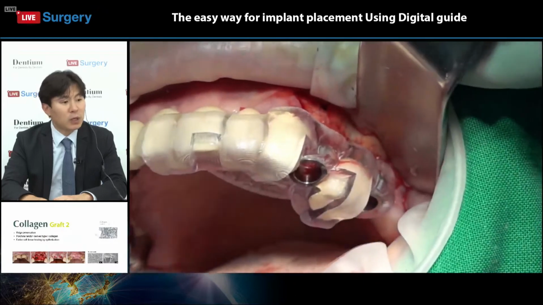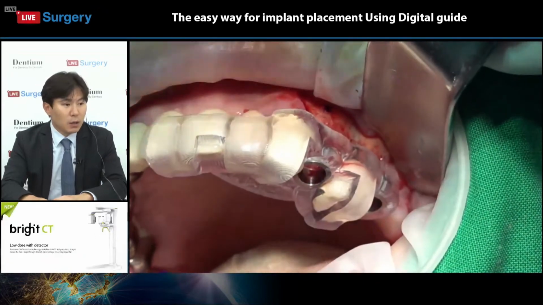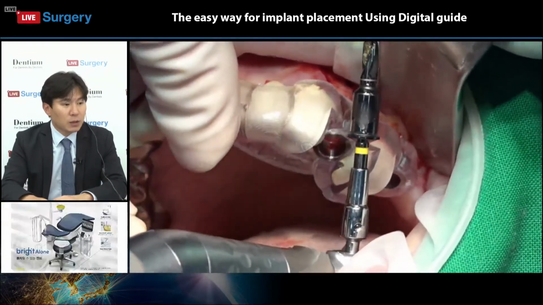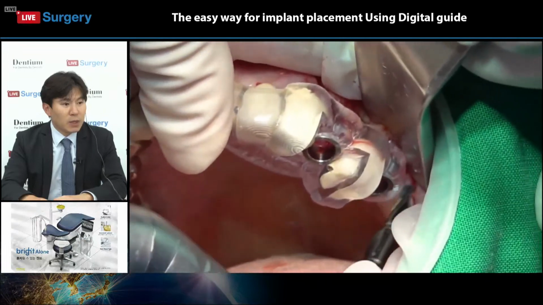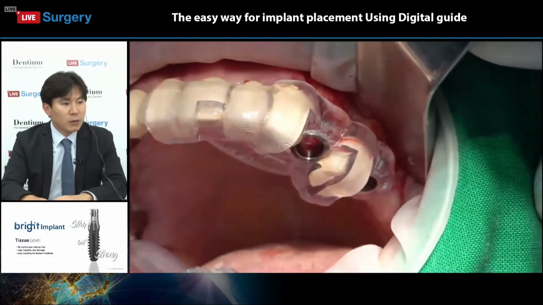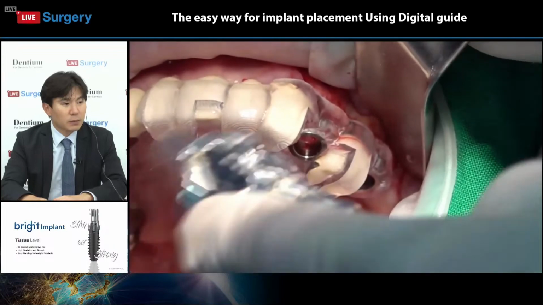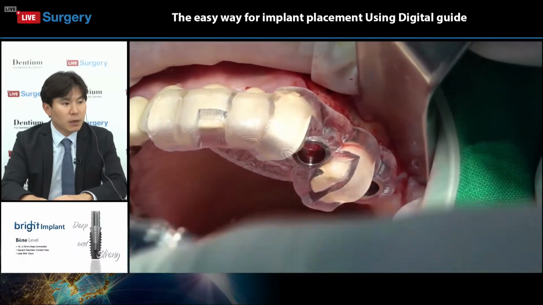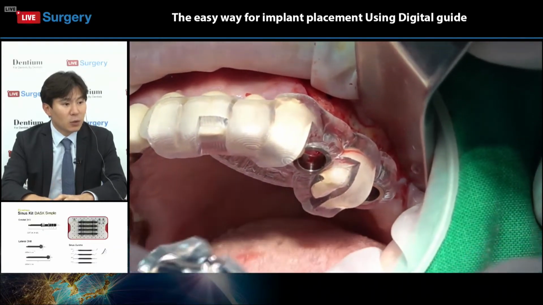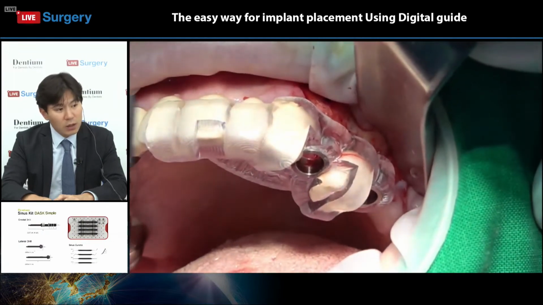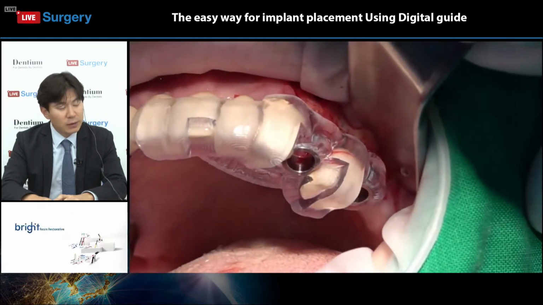I think the bone quality of the surgical site is maybe D3. Very little resistance when he was drilling.